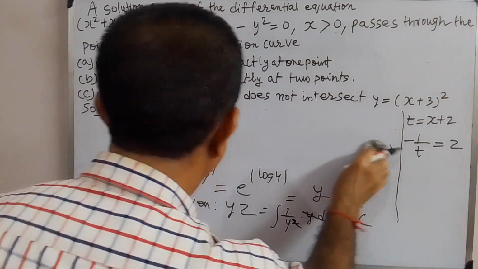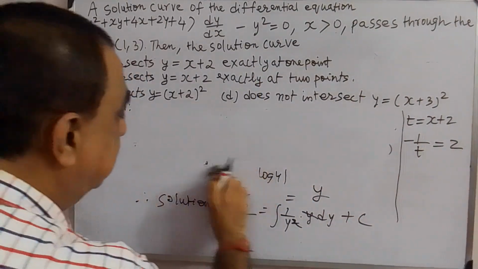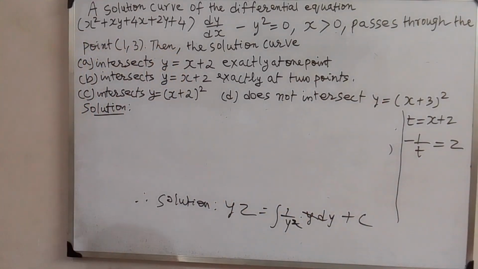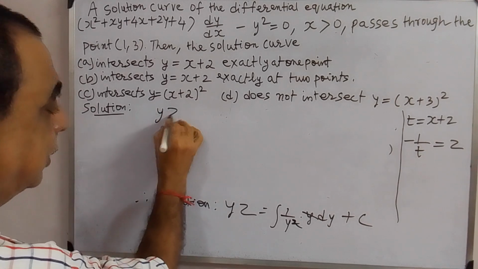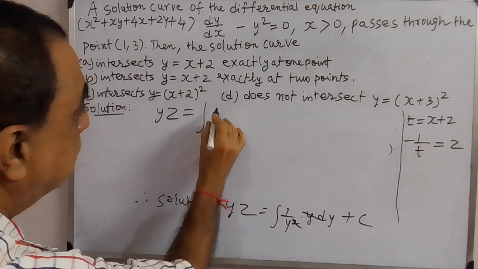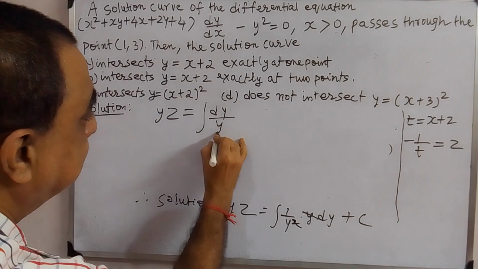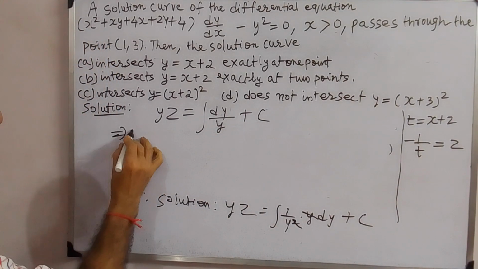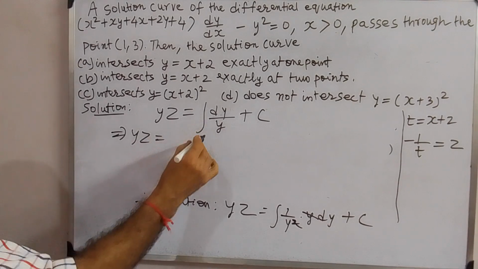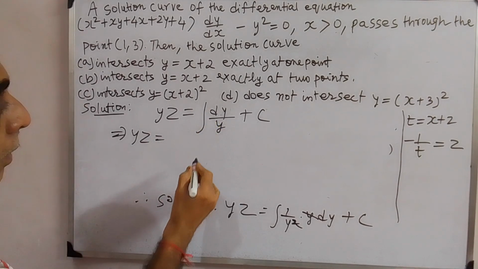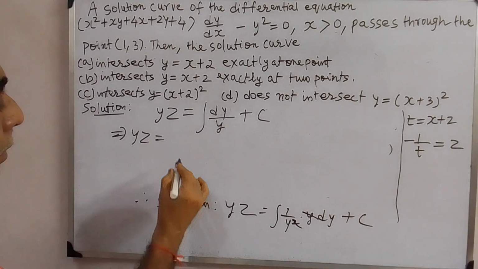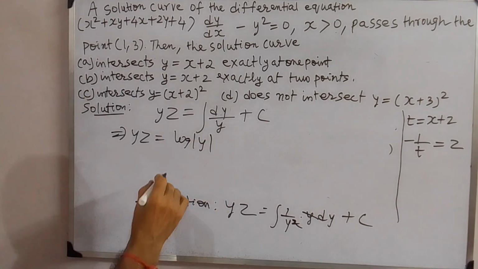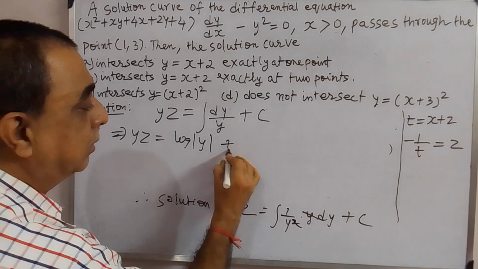So now we have yz equals the integration of dy by y, which becomes log y. That is log of mod y plus c.